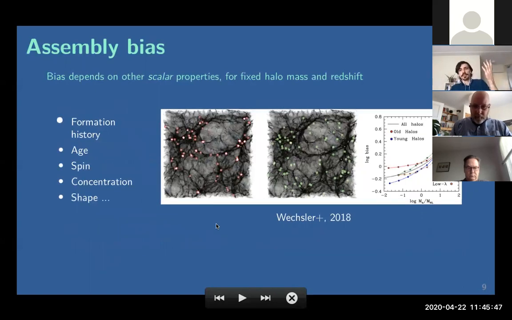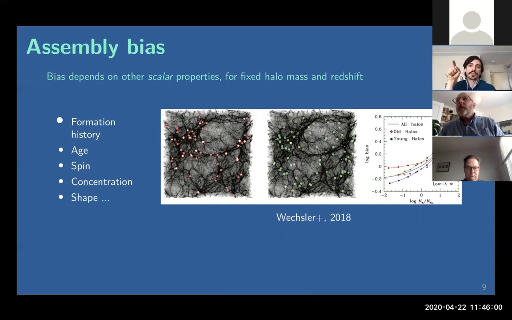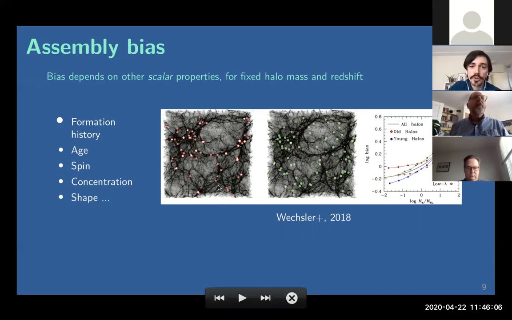On top of all of this standard picture, this linear bias is not really dependent only on halo mass and redshift. It also depends on other properties. So when you fix halo mass and redshift, there are other dependencies that show up. For example, in this plot I was showing you before, the difference between the green and the red is not in the mass, but in concentration.